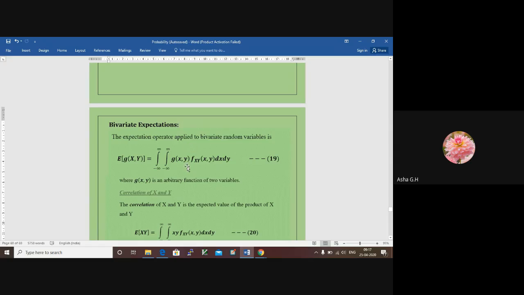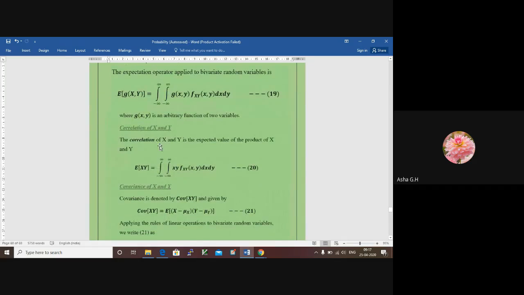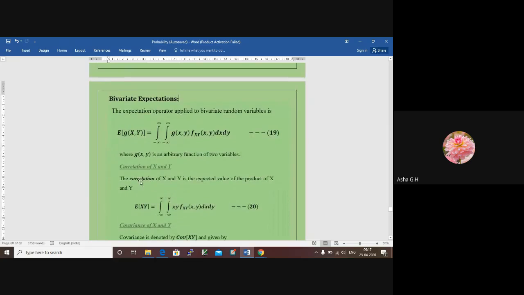Please understand the variance, expectation, and standard deviation for a single random variable, and we will extend the same concept to bivariate random variables. Along with that, there are some more definitions like correlation and covariance. Along with the mean and standard deviation, we will understand correlation and covariance of these two random variables in the next class.